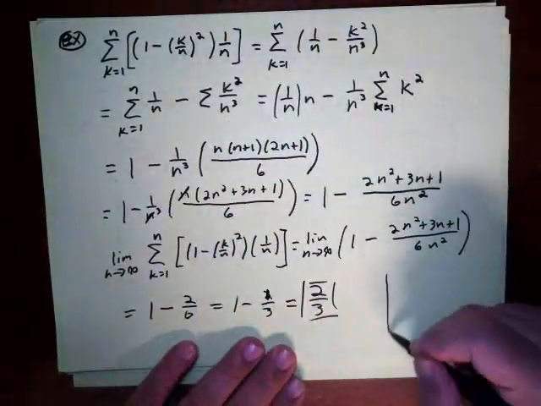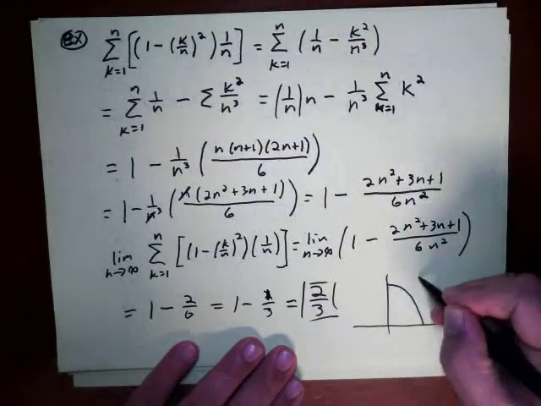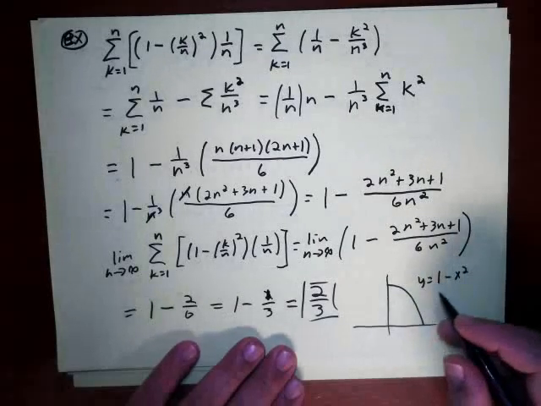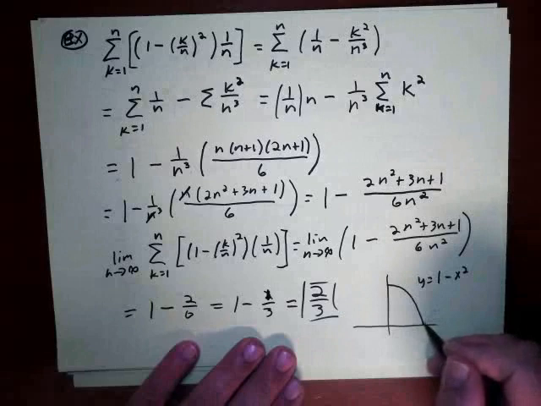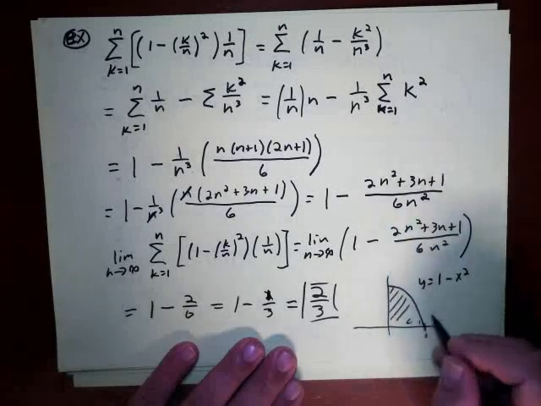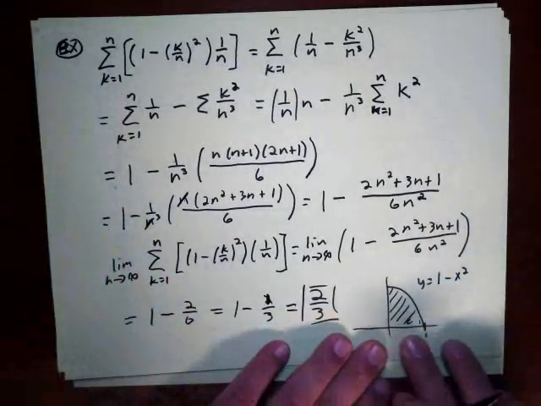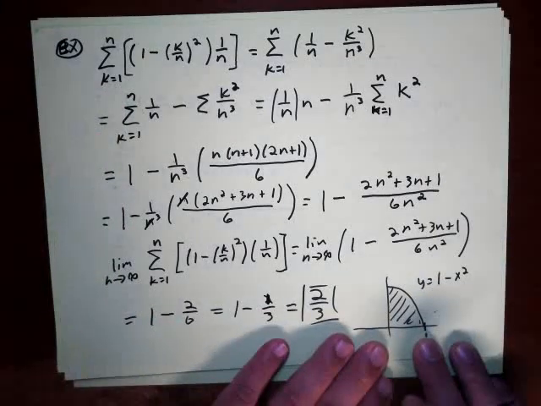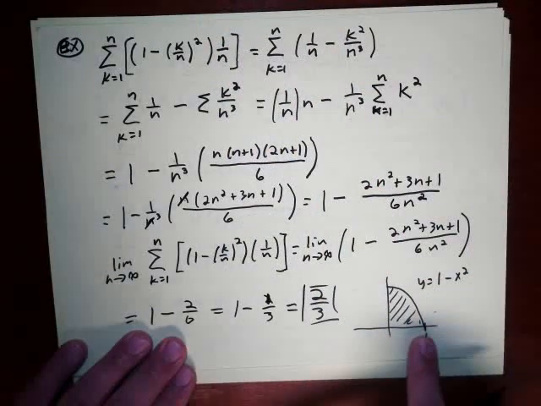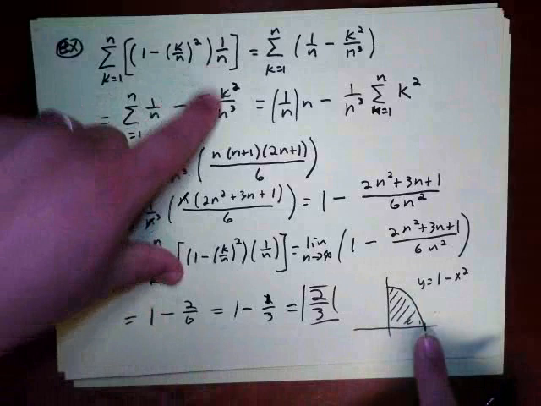And this is actually what this is: if I took the function y equals 1 minus x squared, and I wanted to find the area, so this is 1 here, from 0 to 1. So I want to find the area under this curve. This is actually the Riemann sum that would give me an expression if I had n rectangles. So the 1 over n comes from splitting 0 to 1 into n rectangles, and so this is my delta x.